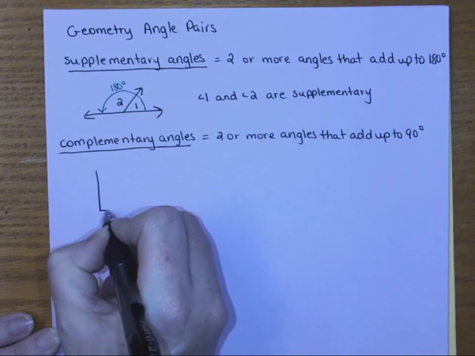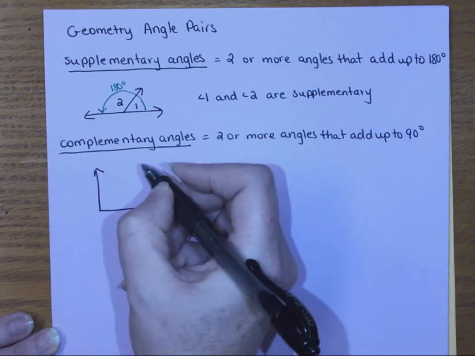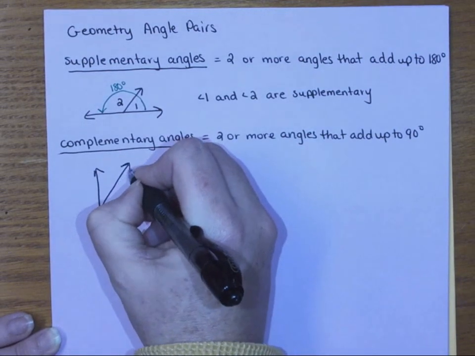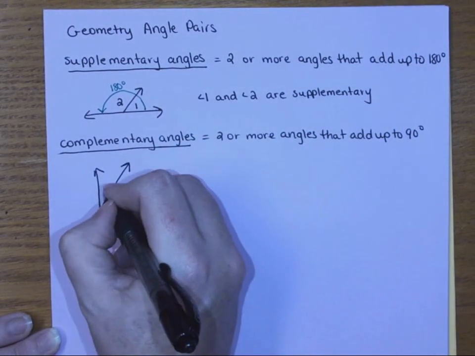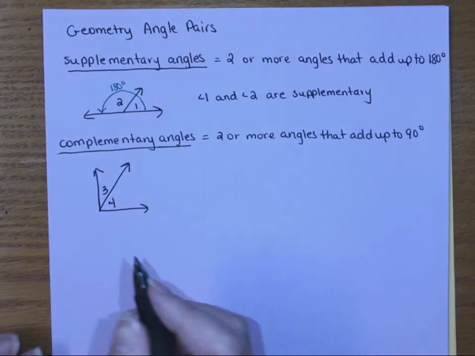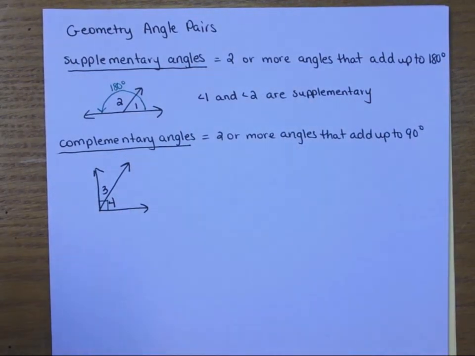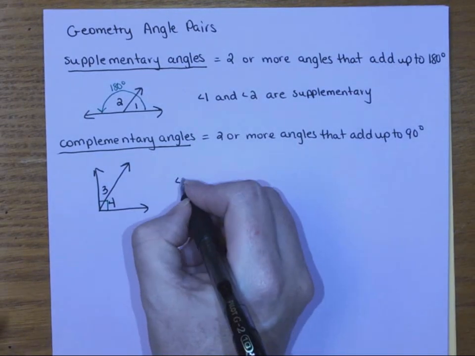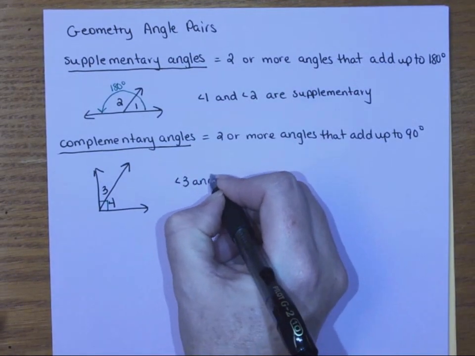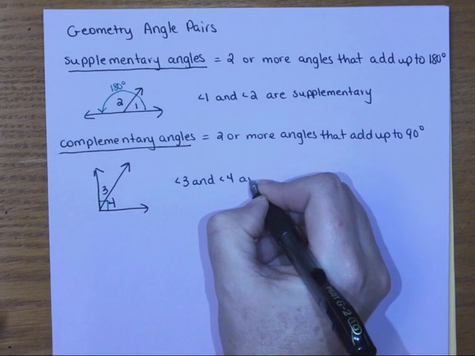So just like I am telling you for supplementary angles, these also don't have to be adjacent to each other, but if this were angle 3 and 4, remember how we indicate that we want to say it's a right angle is usually with a box like that. So angle 3 and angle 4 would be complementary.